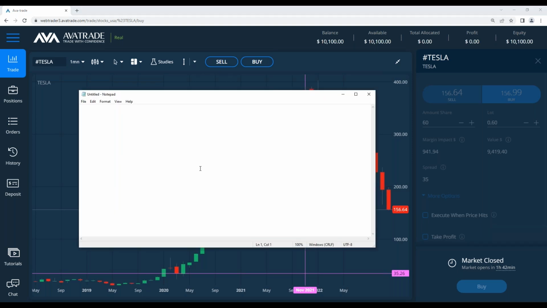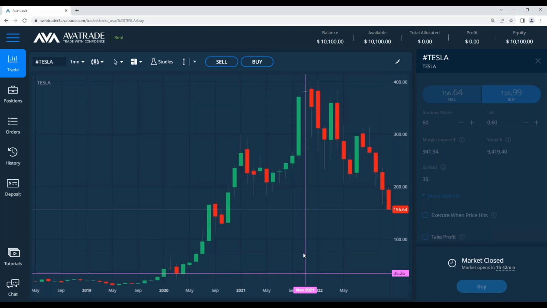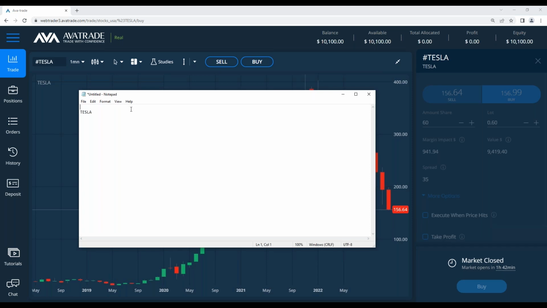Why did Tesla go high so much when the technology existed for maybe around a decade?